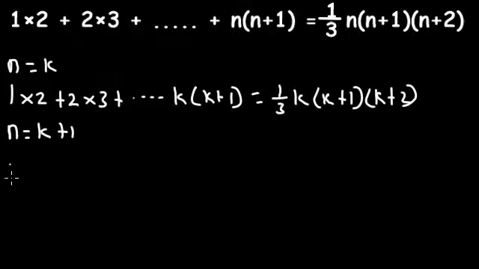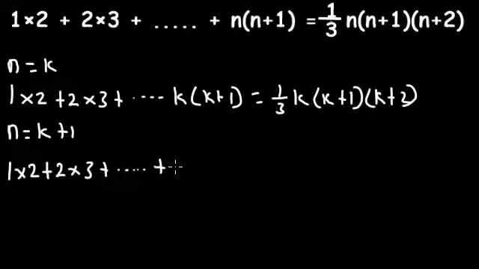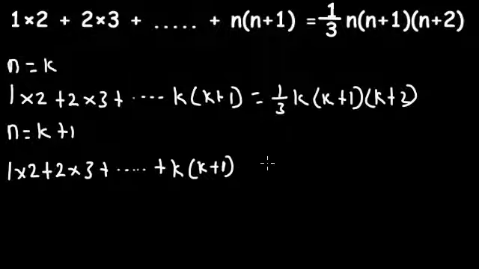So we have 1 times 2 plus 2 times 3 plus dot dot dot plus, now for k, that's k times k plus 1. Now for k plus 1, we are referring to terms. Are we together? We're referring to terms, and k terms have to come before the k plus 1 term. That is why we are writing k terms. Are we together? Good. So k plus 1 terms now close.